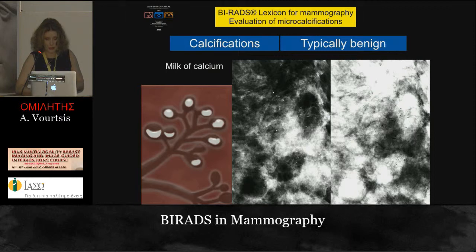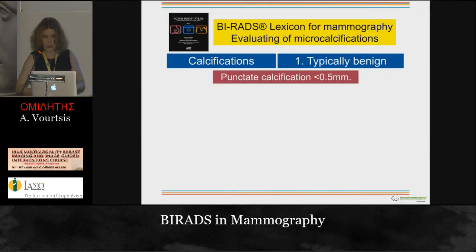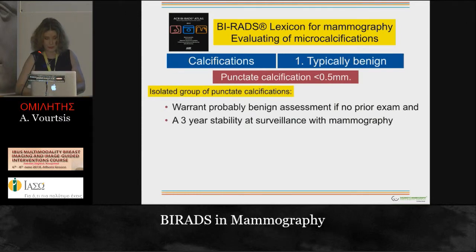Now, what about milk of calcium calcifications? These are typical benign calcifications that do not need a short follow-up, but in order to define milk of calcium calcifications, you must proceed with a spot magnification view in 90 degrees, a lateral view. This is very important, so further evaluation is needed. This cannot be defined and assessed just in screening.